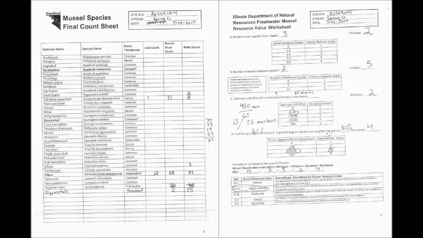As far as very small mussels, we did get some very small ellipse, but we did not get any small cylindrical paper shell. So out of the 2 live species we collected, 1 live species looked like it had a recent recruitment.